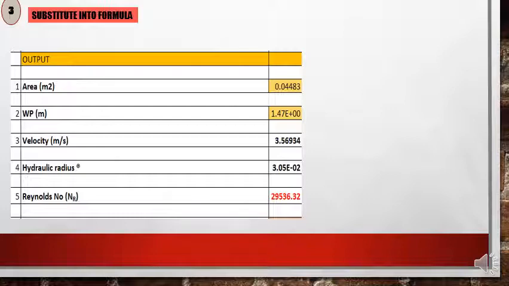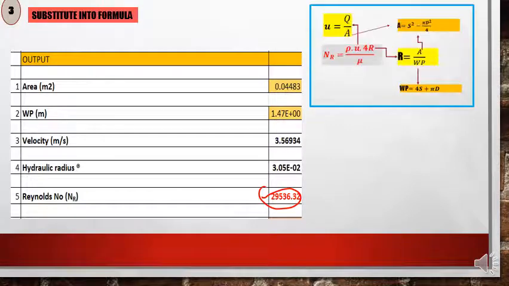So this is our Reynolds number. Recalling what we planned from the previous slide, we want to determine the Reynolds number, so we need all the information included here. We need the velocity, and the area, which we already calculated here, and the wetted perimeter.